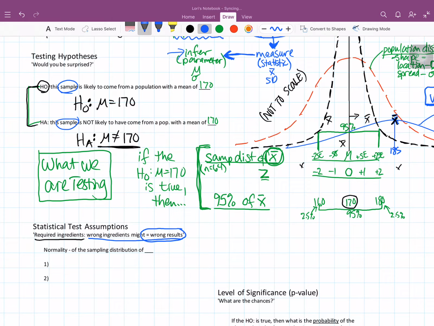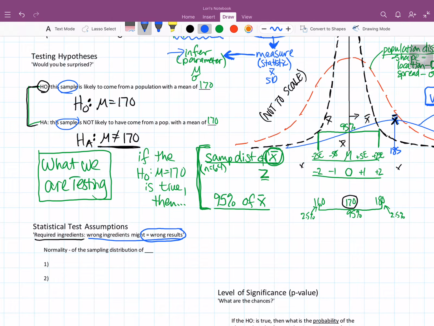In other words, if the assumptions for that specific test are not met, then our interpretation of the results might be wrong. It depends how far away from the assumptions being met they are. But we want to be able to depend on the results to tell us the right thing.